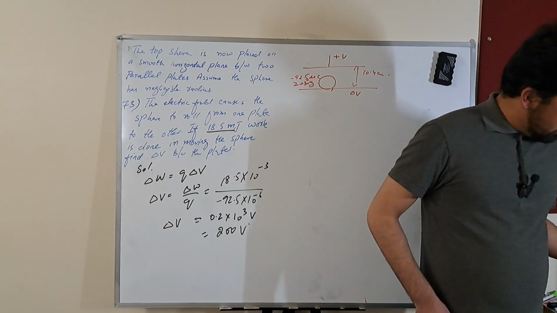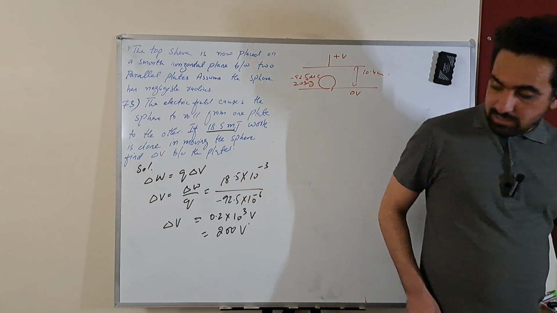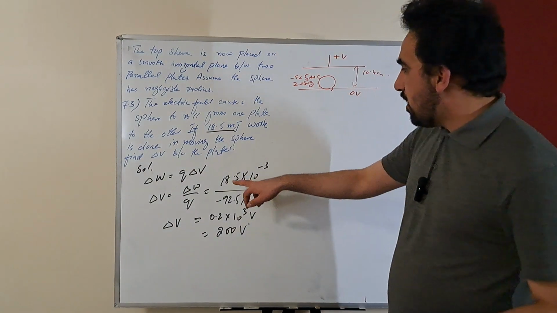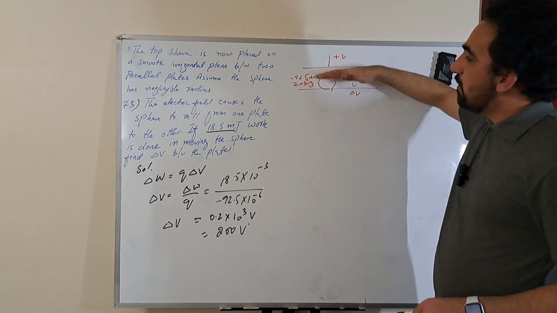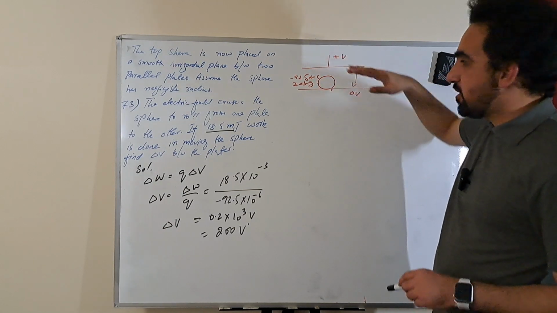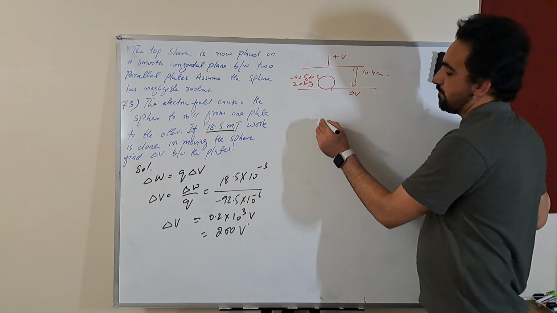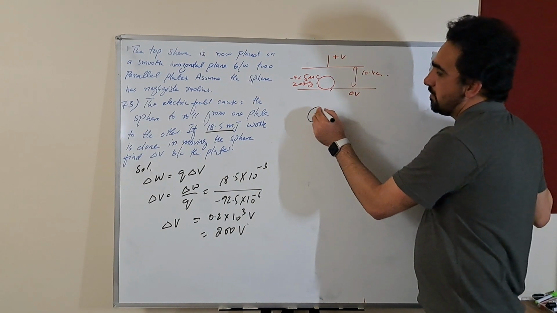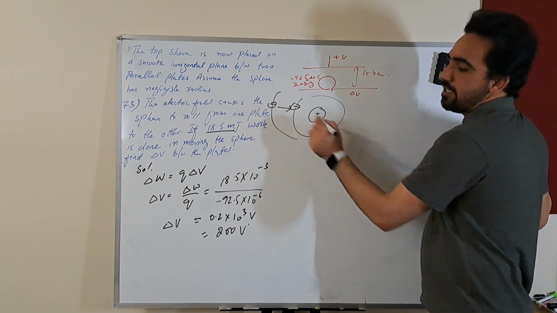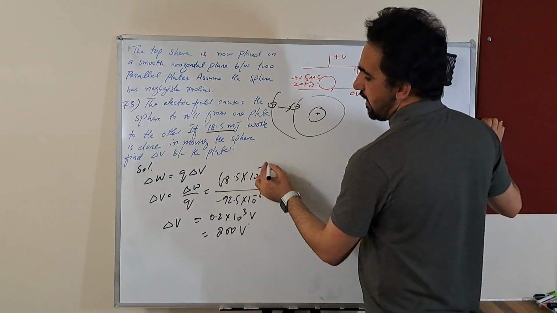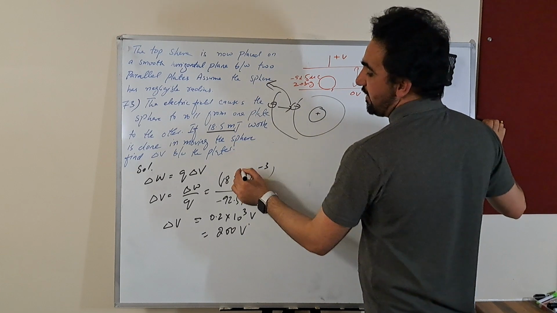So one thing you should keep in mind, because this object is moving from low potential to high potential, it's just like an electron moving from higher energy state to lower energy state. So there is a negative sign because it is emitting some energy.